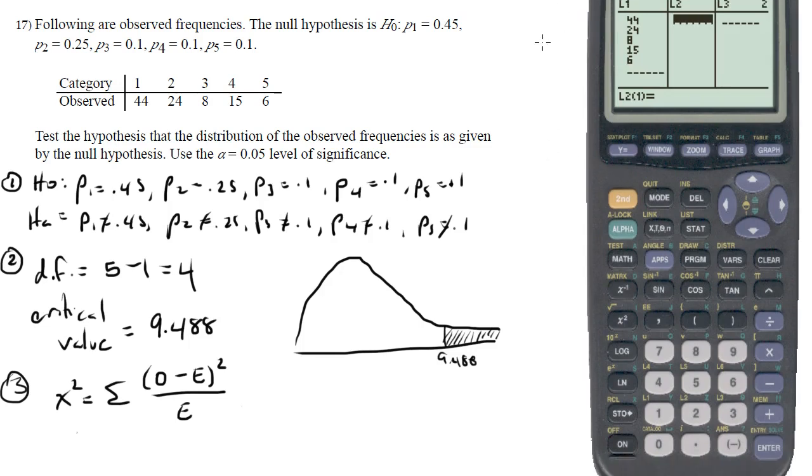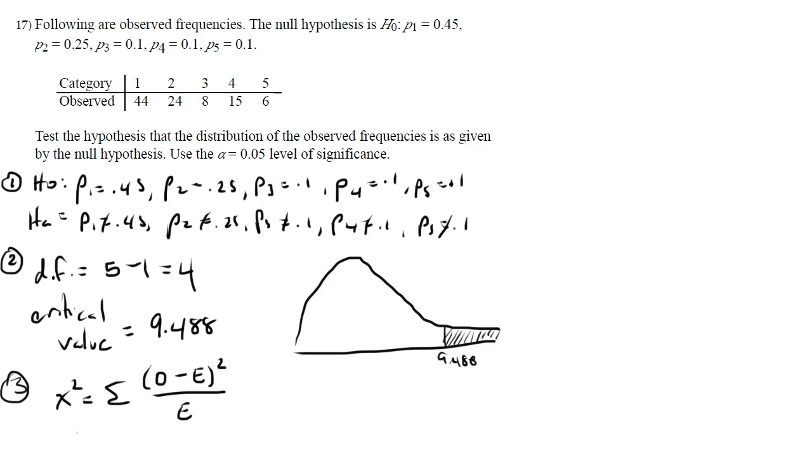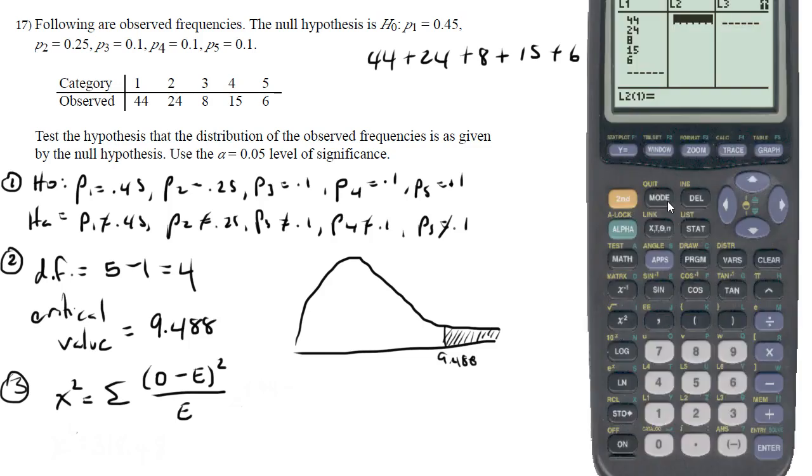Before I do L2, I need the total. So I need 44 plus 24 plus 8 plus 15 plus 6. Let's quit out of here and get those totals. It's 97.